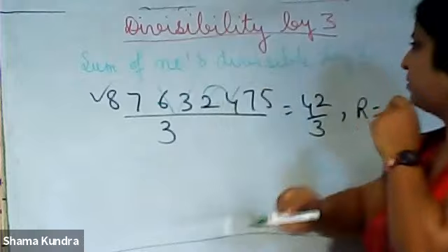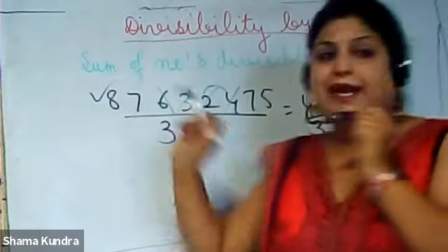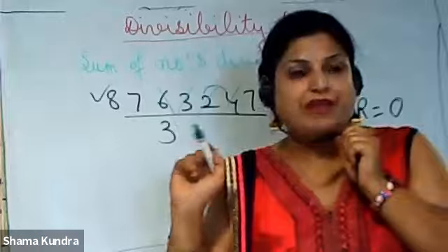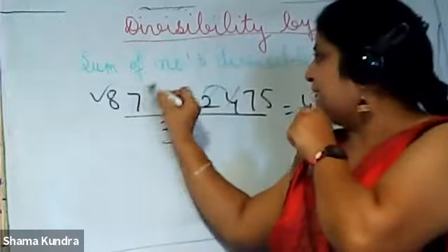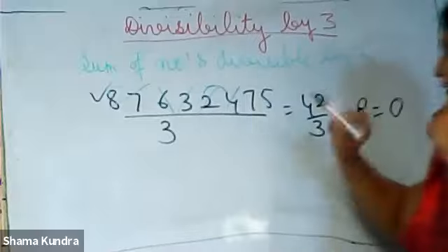So I cut these. Next, 7 plus 8 is 15, and 15 is divisible by 3. So I cut 8 and 7.